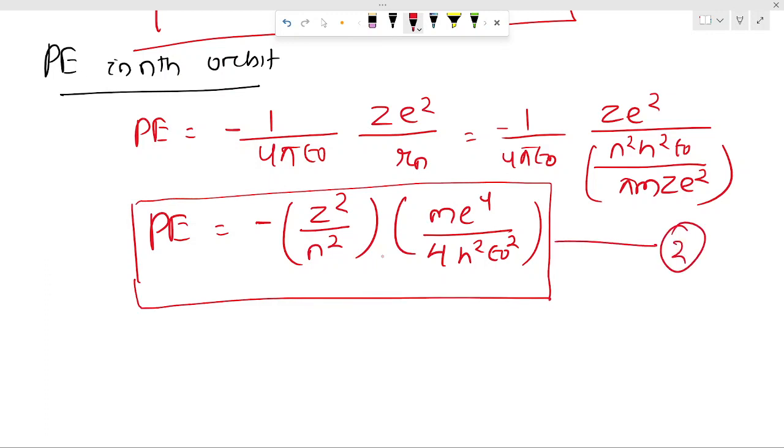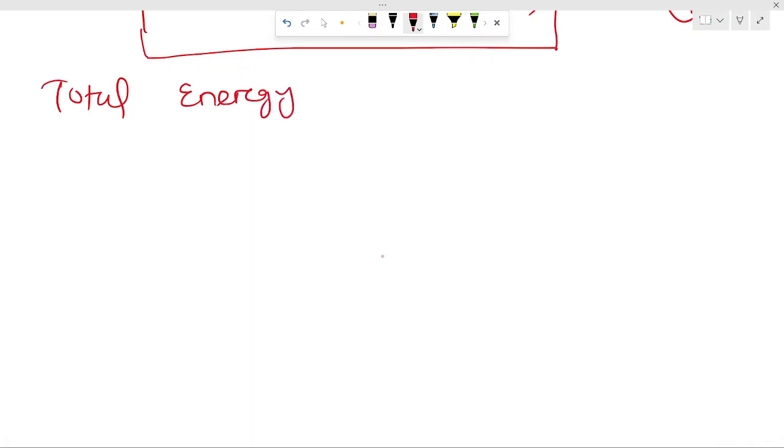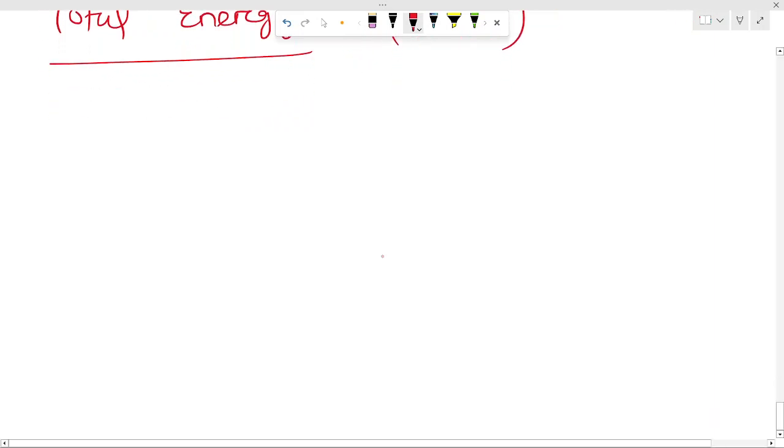Equation number 2. So total energy. Total energy expression is kinetic energy plus potential energy, isn't it? So what will it become?